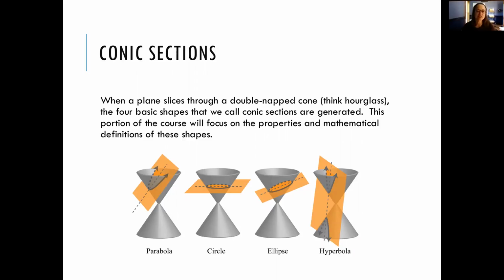And you can see that if we take a plane and slice it through our cone at an angle, we get a parabola. If our plane is perfectly horizontal, we get a circle. If our plane is at an angle but slices through both sides of our cone, we get an ellipse. And if our plane is vertical, we get something called a hyperbola.